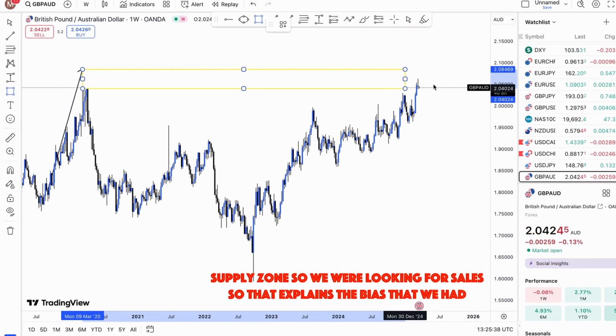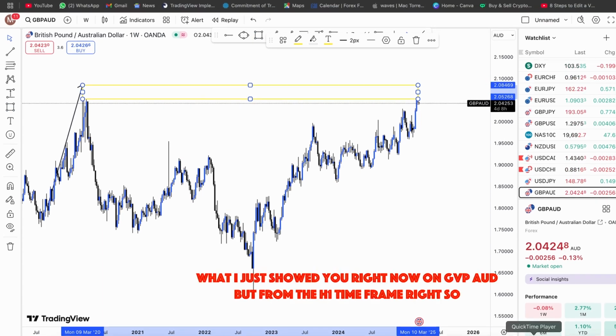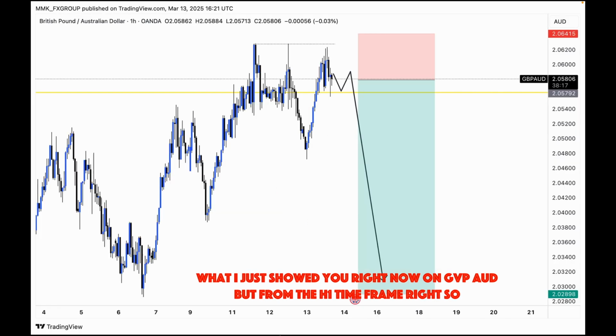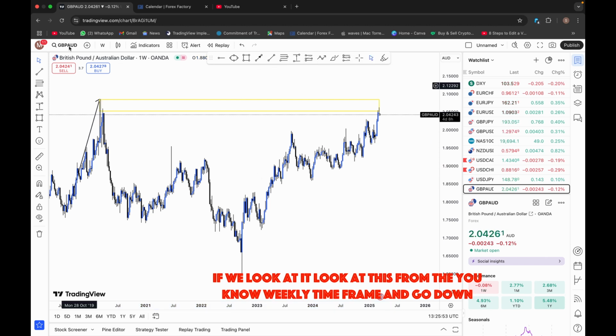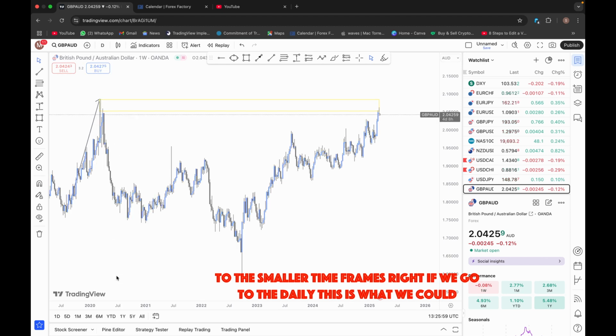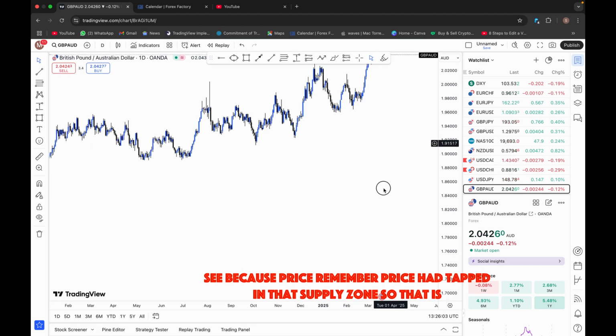So that explains the bias that we had, what I just showed you right now on GBP AUD from the H1 time frame. So if we look at this from the weekly time frame and go down to the smaller time frames, if we go to the daily, this is what we could see, because remember price had tapped in that supply zone.